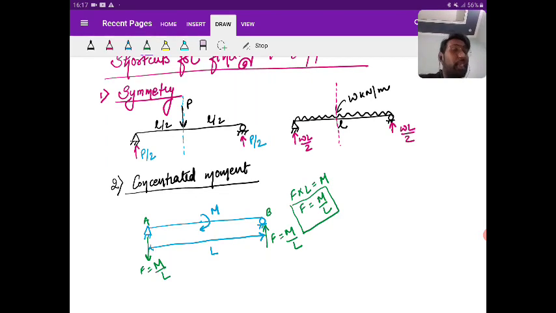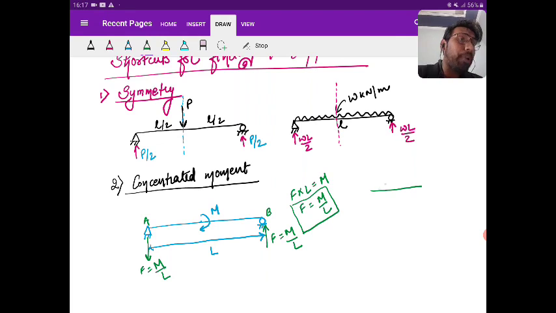See, there is a concentrated moment, right? So a moment can be balanced by the opposite moment or by the opposite couple. I cannot resist the moment in the span AB because both A and B are simply supported. Yes or no? So it can be resisted only by the couple. And how can you develop a couple?